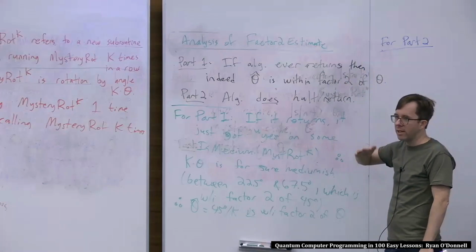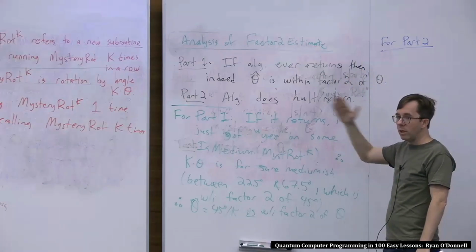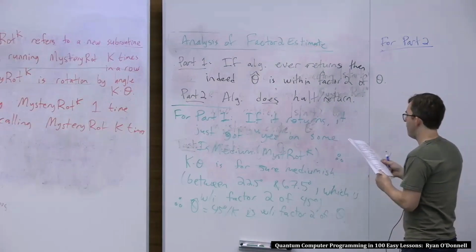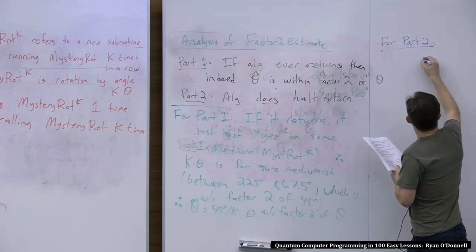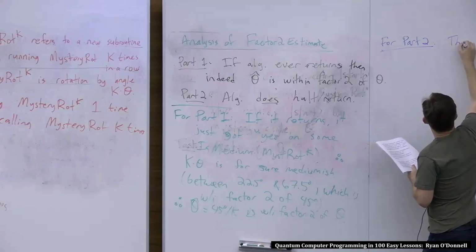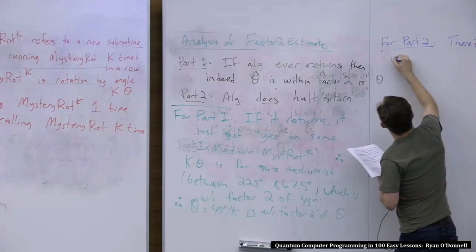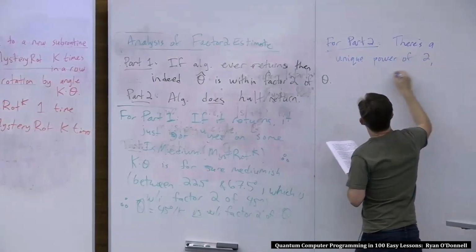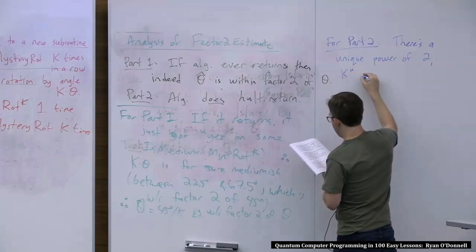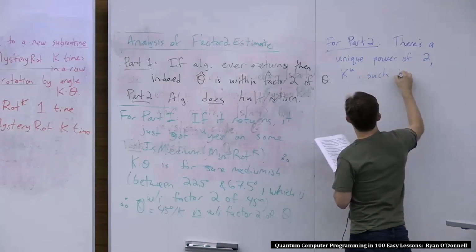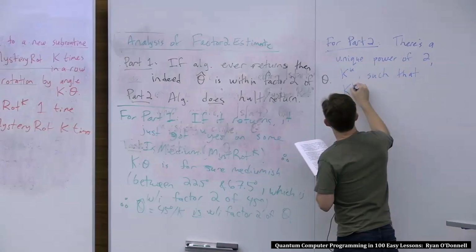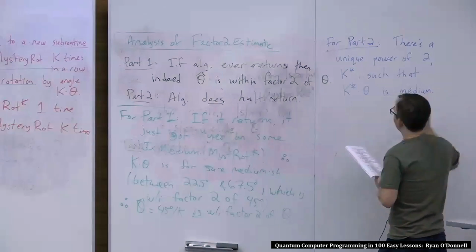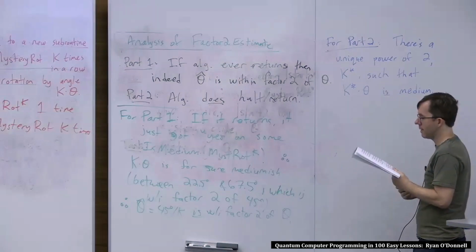So if you take a number less than 30 degrees and keep doubling it, there's a unique time when it gets between 30 and 60 degrees. So there is a unique power of 2, we'll call it k star, such that k star times theta really is medium, between 30 and 60 degrees.